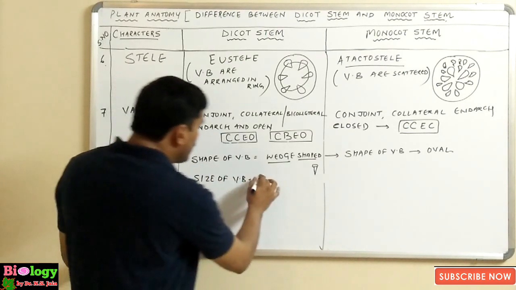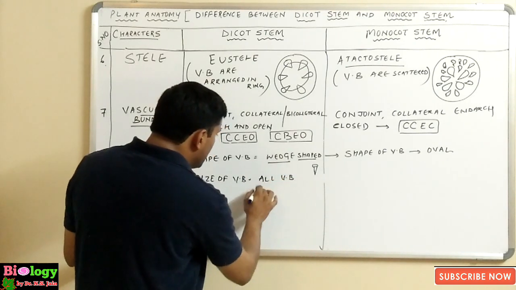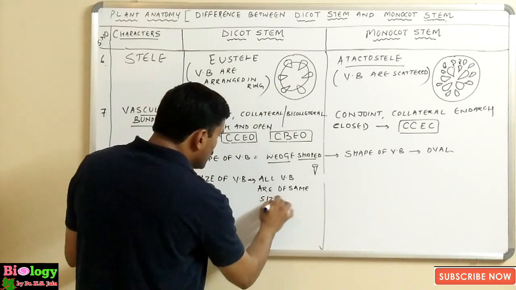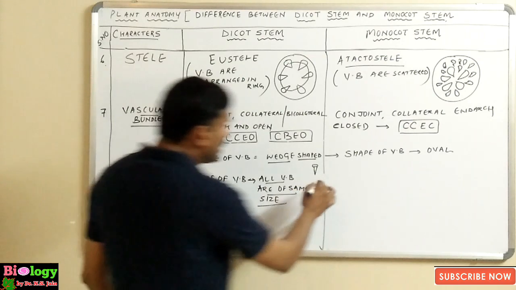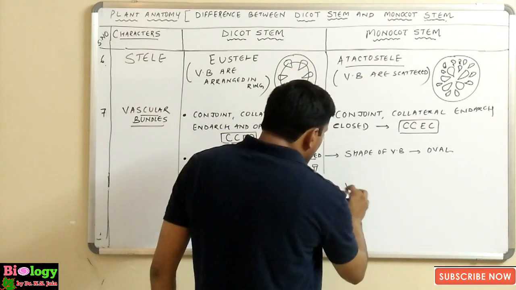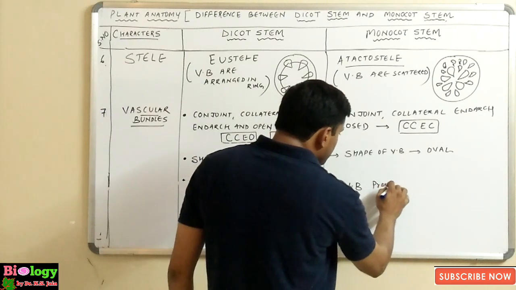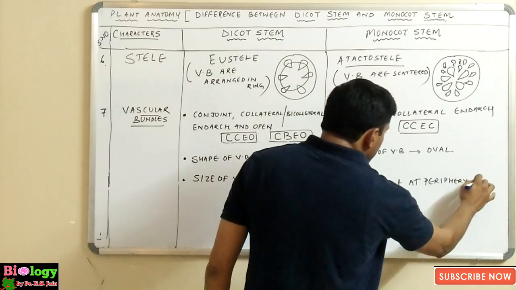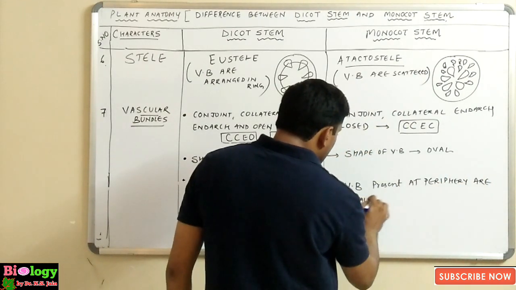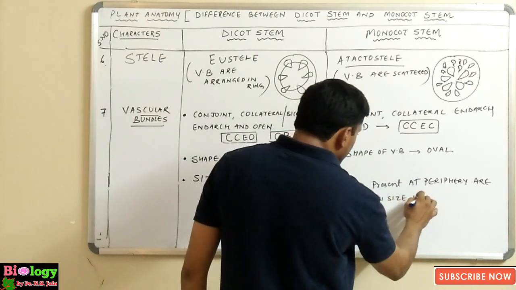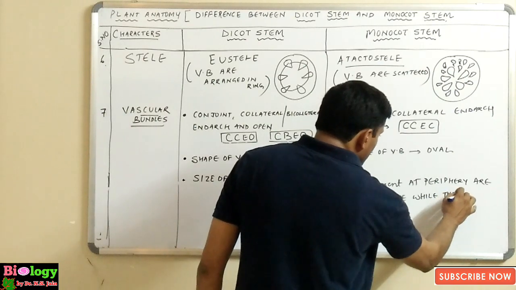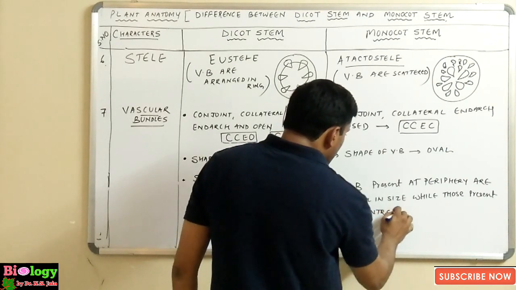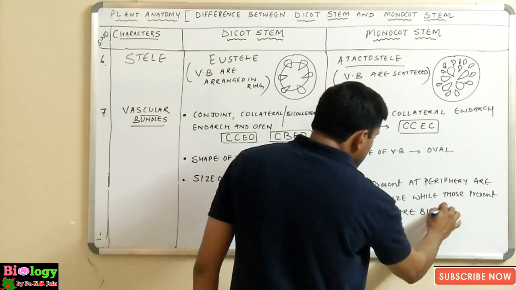In dicot stem, all the vascular bundles are of same size, but in the case of the monocot stem, vascular bundles present at the periphery are small in size, while those present at the center are big in size.